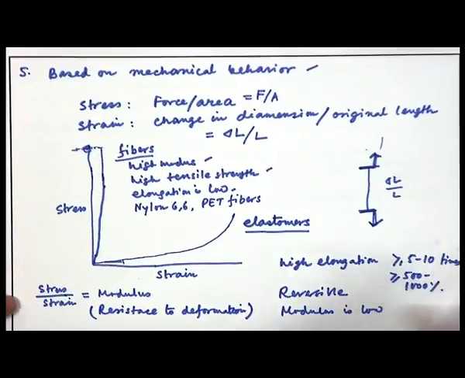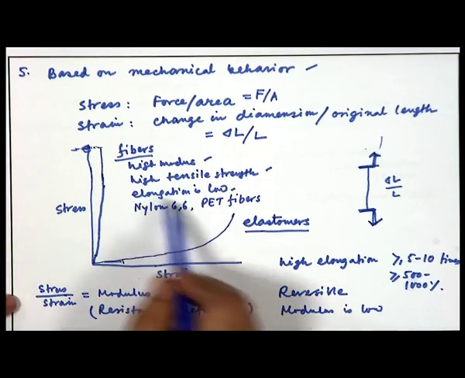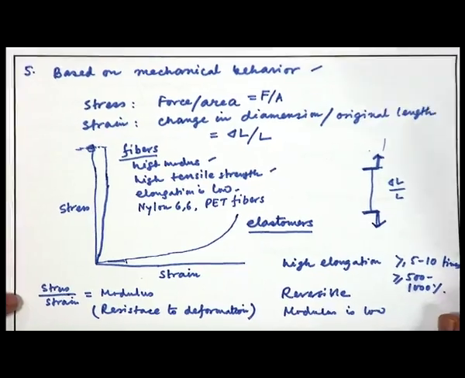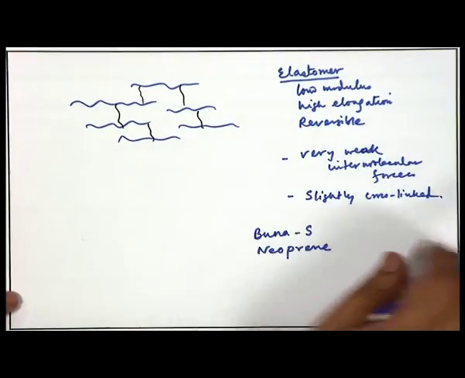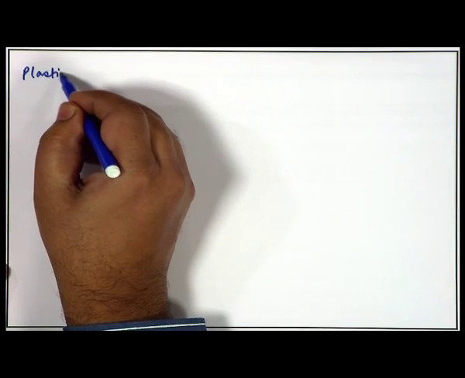Now, as I said, plastics would be somewhere in between, and plastics have a large variety. So, the third category would be plastics.